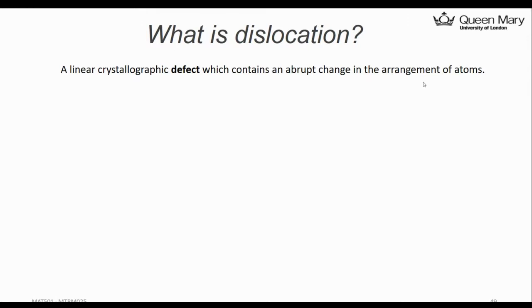If you read the definition here, dislocation is a linear crystallographic defect, which contains an abrupt change in the arrangement of atoms. So you will see the word atoms: it's a defect in the atoms.